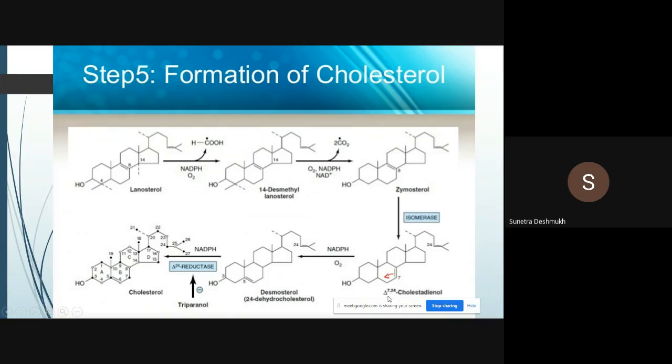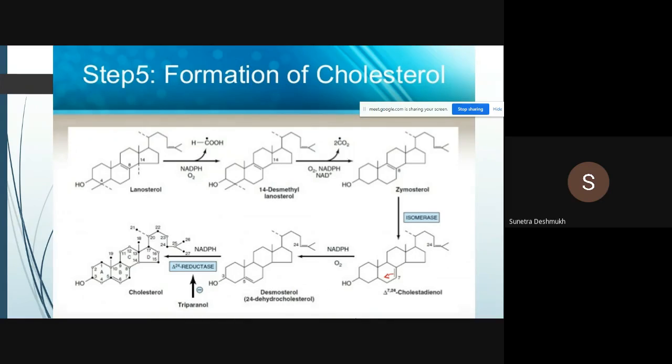So there are two double bonds, at the delta 7 and delta 24 positions. How do we do the nomenclature of this one?